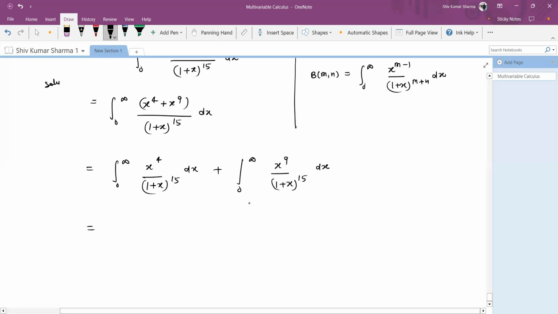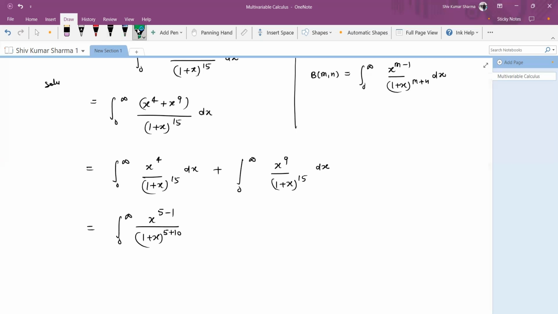Now we follow the above formula. We write this as x raised to the power 5 minus 1 upon 1 plus x raised to the power m plus n. Here we consider m as 5, so m plus n means 5 plus 10.